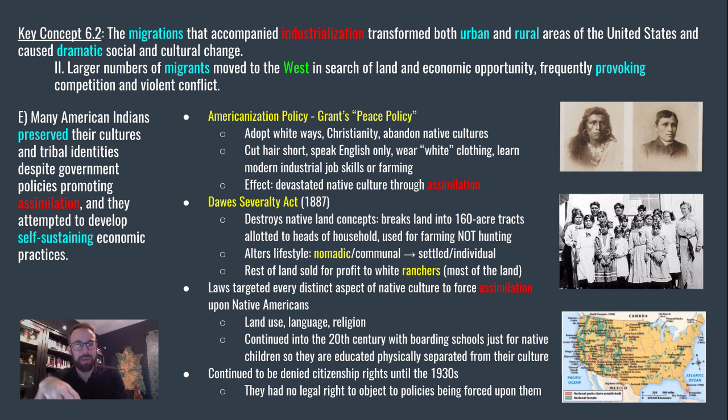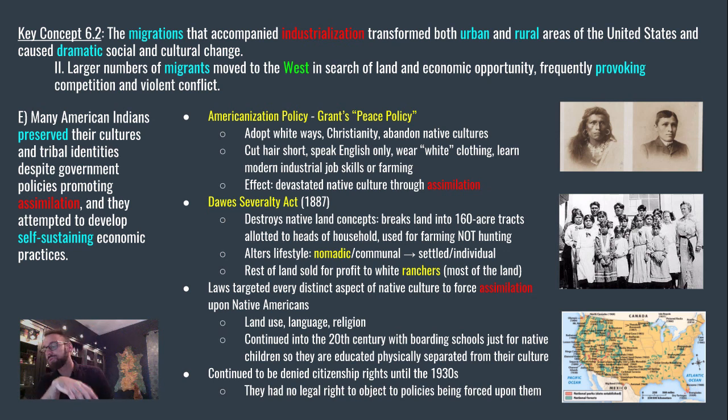So this is like Dred Scott, right? In Dred Scott, the court ruled that black people had no right to sue in court because they weren't citizens. Of course, that changes with the 14th Amendment, but because of the laws in the case of Native policies, they didn't have citizenship, so they had no legal right to go to the courts and try to change anything. Okay, they had absolutely zero autonomy over their own lives for a very long time.